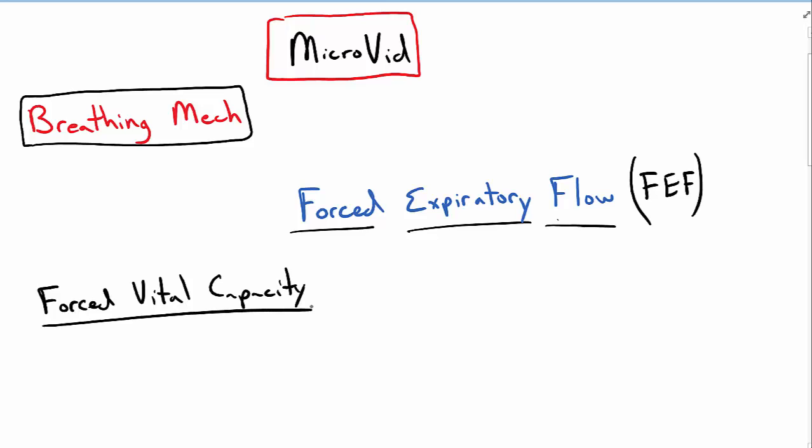Forced vital capacity is the amount of air expired from total lung capacity to residual volume using the most forceful expiration maneuver possible. Or another way to say this, it's a maximal inhale and then forcefully pushing out as much air as possible.